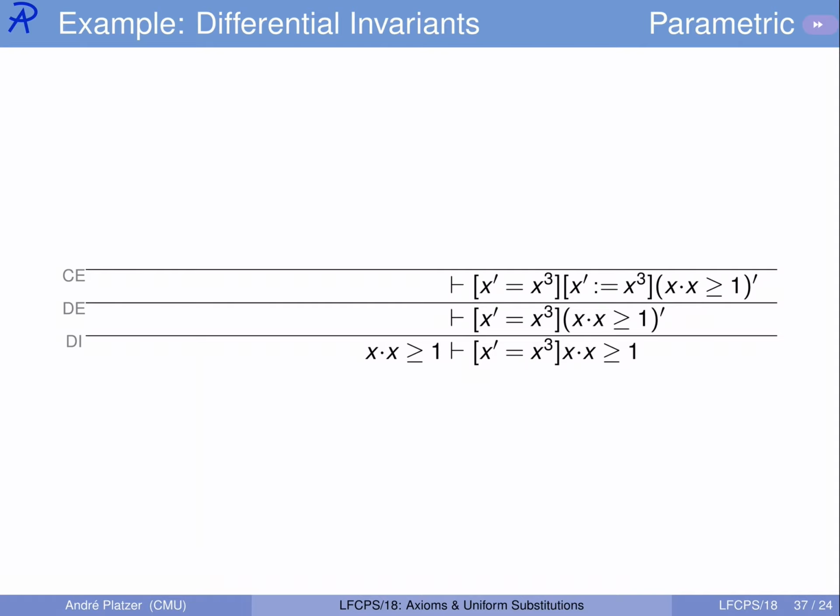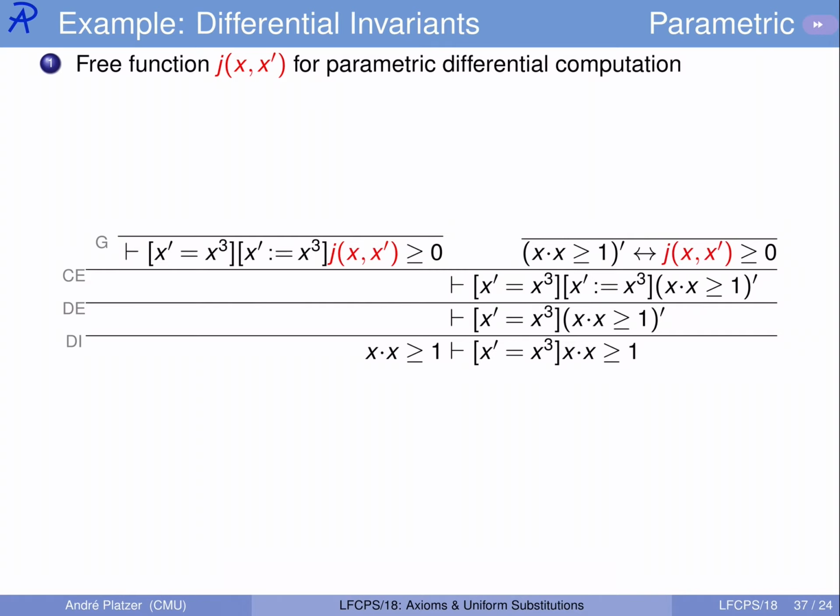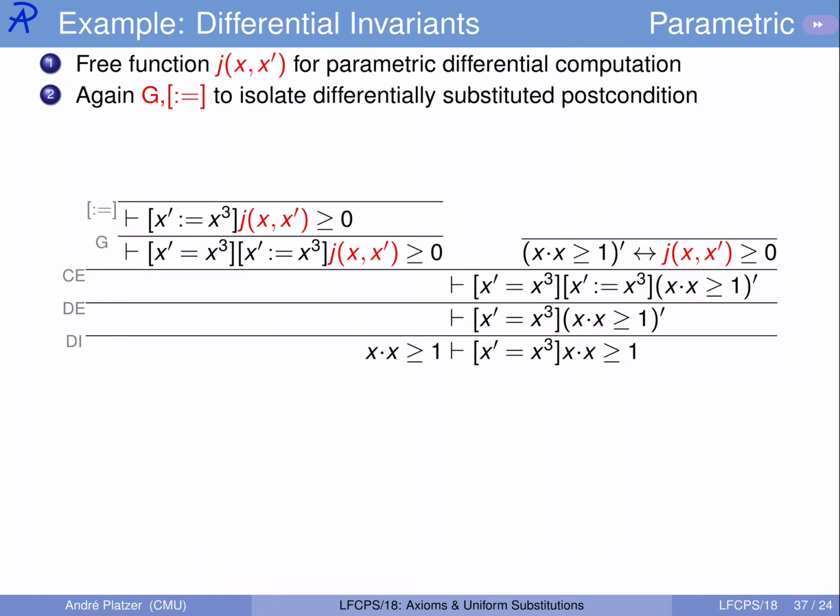If only we had a construct that tells us it's something that depends on x and x prime and some real number of that. And of course that's a function symbol: we can say some result j of x and x prime being greater or equal to 0 will be equivalent to that. And that will give us this formula over there. And then we can continue the proof.